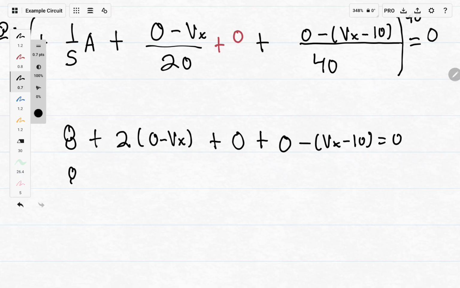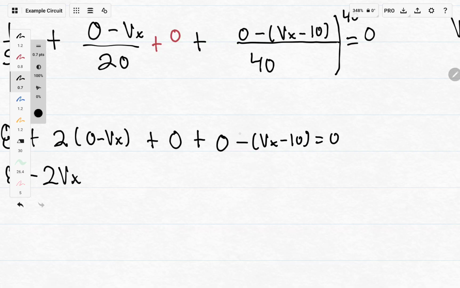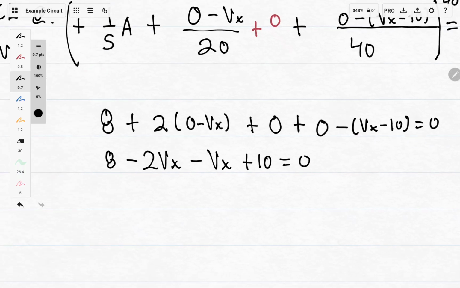From here, you just keep doing simplifications. 2 times 0 is 0, so you could just remove that. It wouldn't be a plus, it'd be minus 2Vx, because we distribute this 2 to the Vx. Next we can ignore these zeros. And next you find another minus Vx plus 10 is equal to 0.